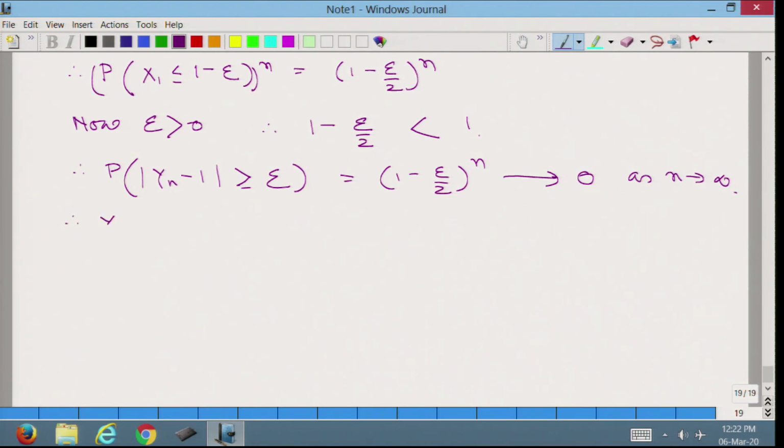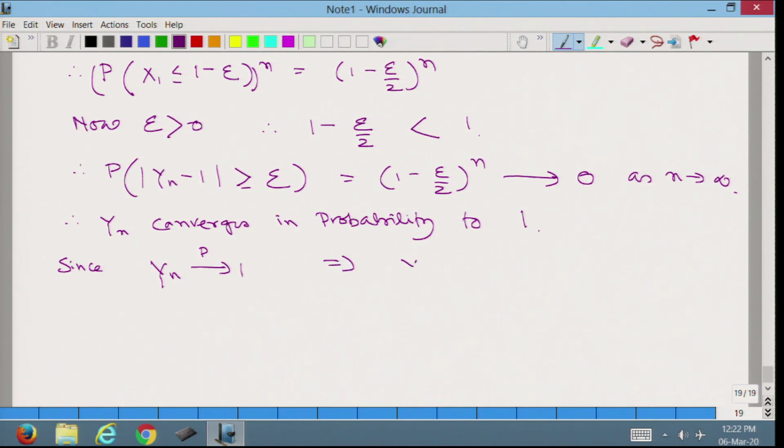Therefore, Yn converges in probability to 1, and since Yn converges in probability to 1, it implies that Yn converges in distribution also to the constant 1.